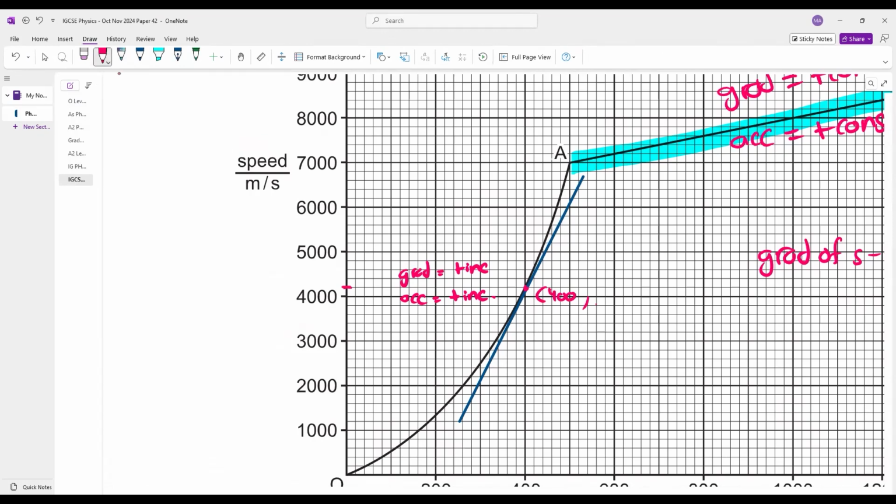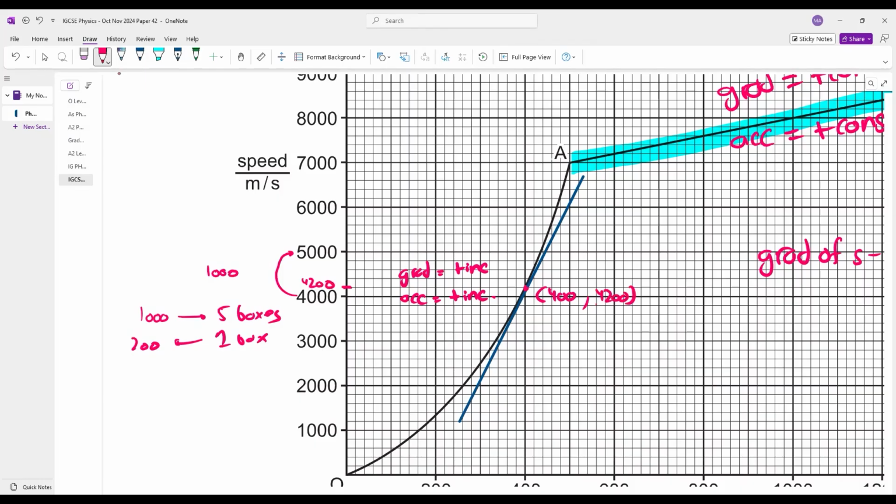What is this point? Can you see you are going from 4,000 to 5,000? You are covering 1,000 units in 5 boxes. How many units will one box cover? 200. So this will be 4,200.